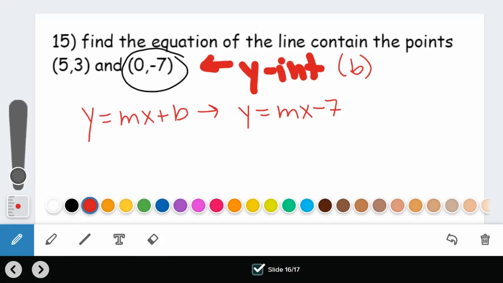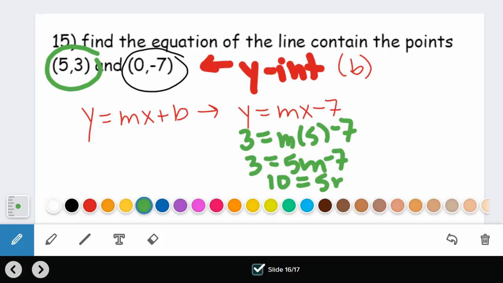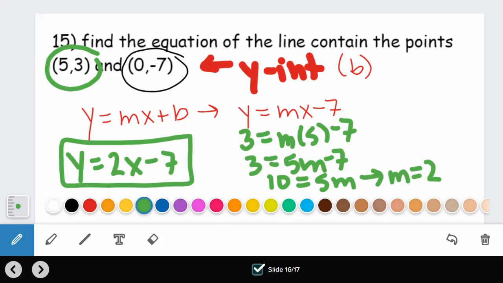Then I am going to take this point, put 3 in for my y, put 5 in for my x, I apologize. And I'm going to get 3 is equal to 5m minus 7. I'm going to add 7 to both sides, so I get 10 equals 5m. I'm going to divide both sides by 5 and I get m equals 2. So my final equation is going to be y equals 2x, and then remember my b was that -7. That's our equation.